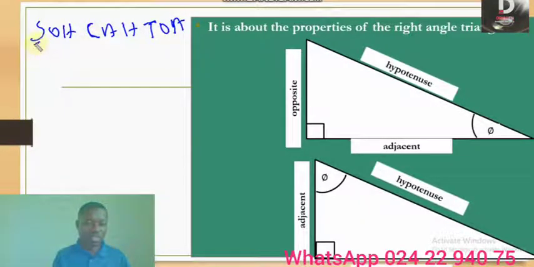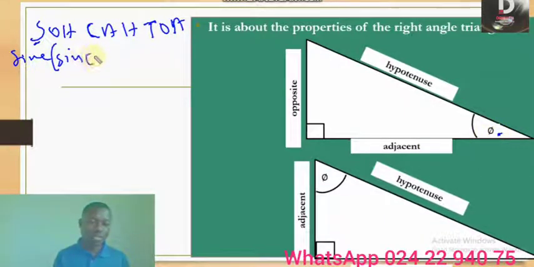So the SO is telling you sine. The full spelling of sine is this, but I write it in short as this. It's not sin, it's sine. So when you see S-I-N in mathematics, it's sine. Sine the angle, and for the sake of what I'm doing, I'm going to represent the angle by theta.